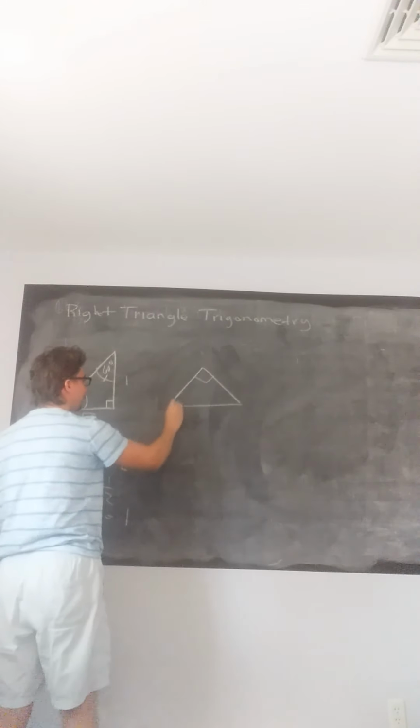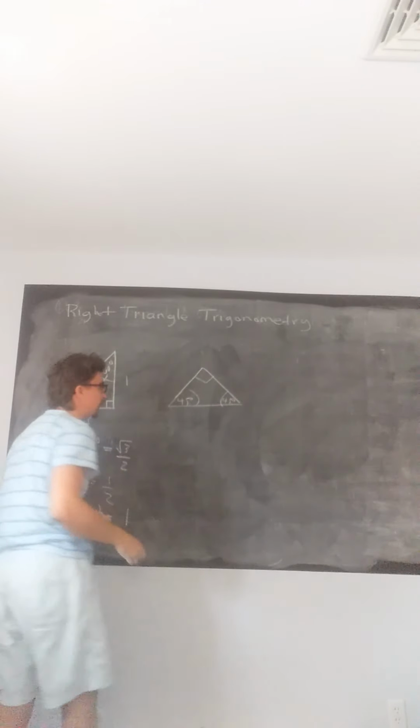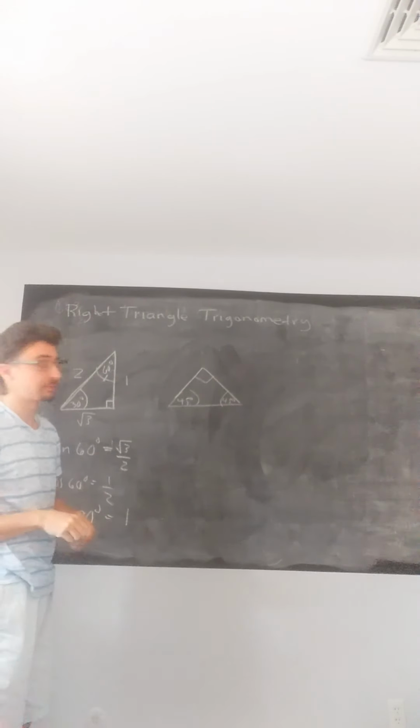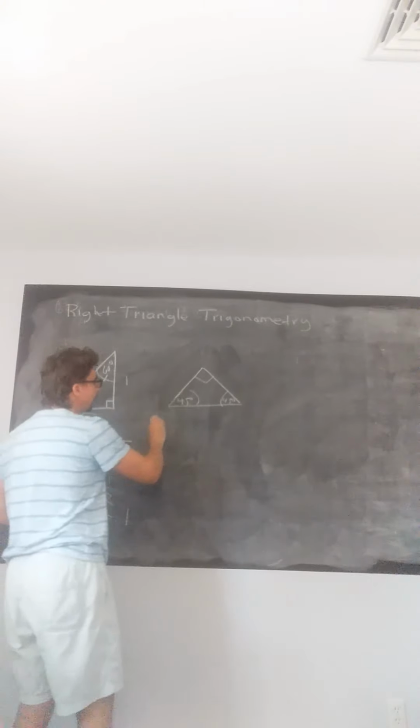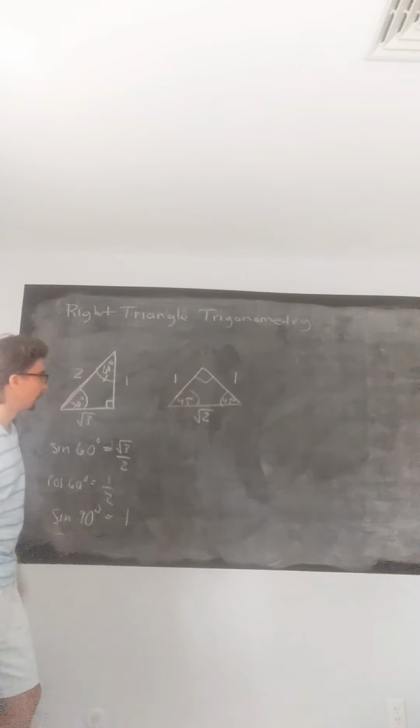So this is a 45, 45, 90. That would be considered a right isosceles triangle, right? So in this scheme, the legs are worth 1 and the long side is worth root 2.